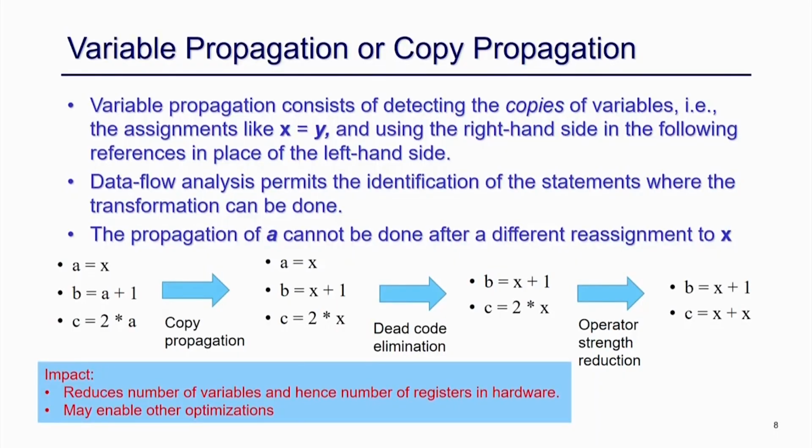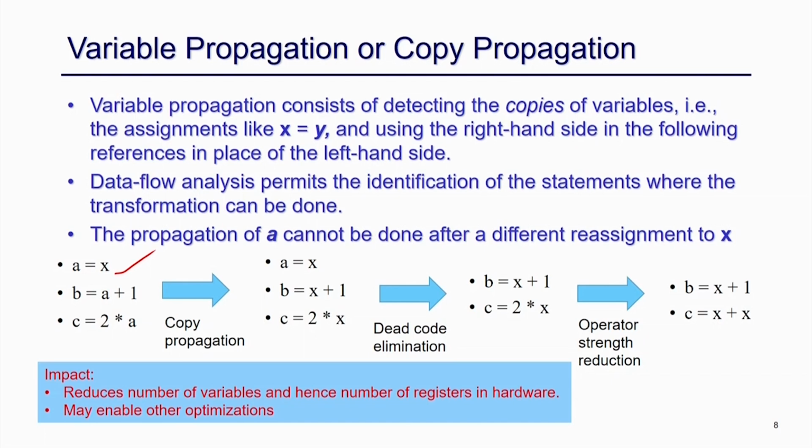For example, in this example a equal to x. So x and a are basically the same value, and in this case I can use only x, I do not need a. That is what is called variable propagation or copy propagation, because whenever there is a copy or assignment operation, you just take the right hand variable and replace all the occurrences of the left hand variable in the next operations.